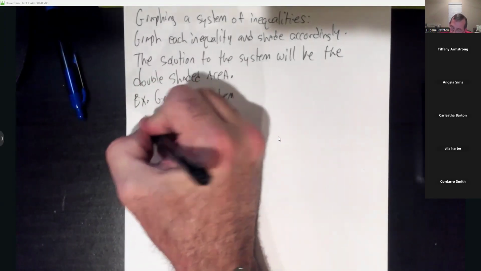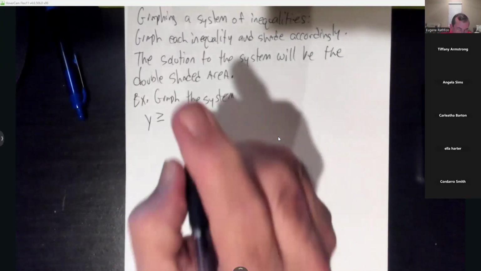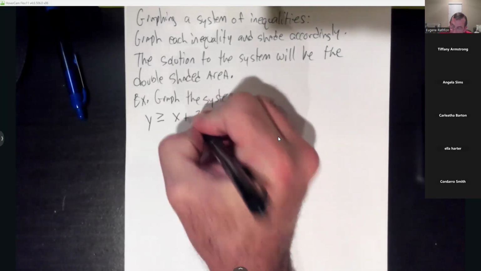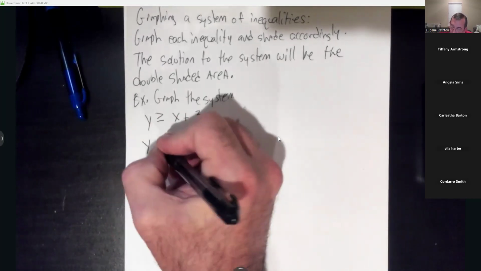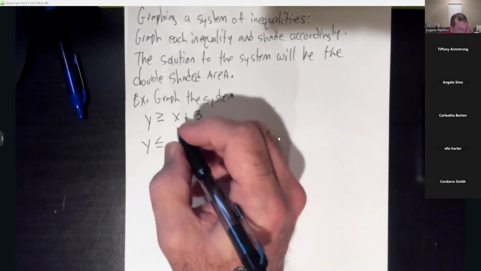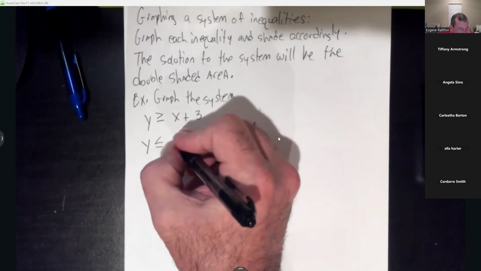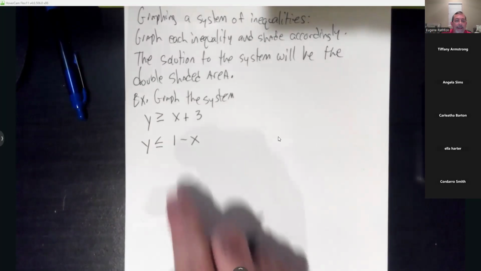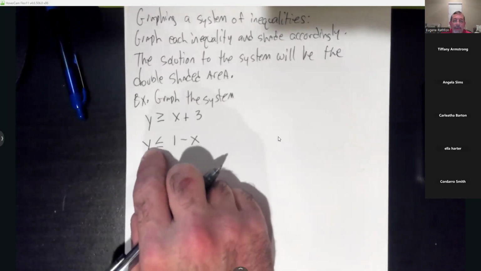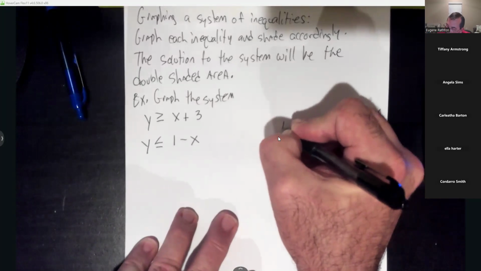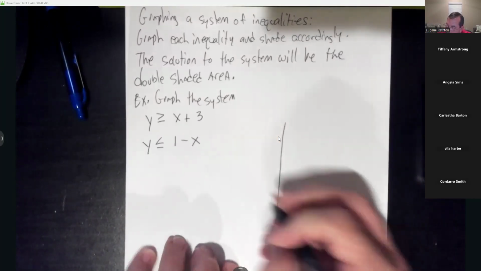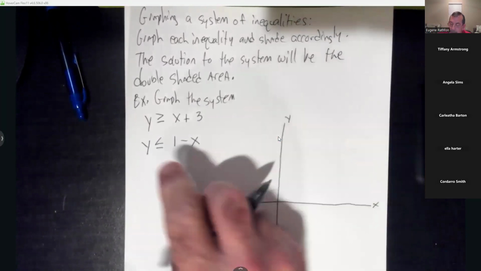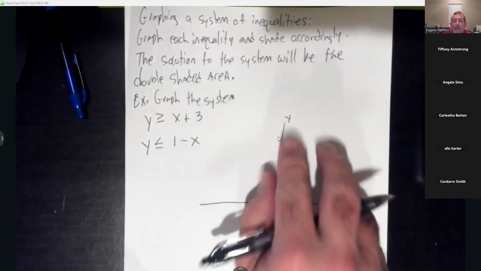All right, y'all, so I got y greater than or equal to x plus 3, y less than or equal to 1 minus x. I got two equations. So my solution, like I said, will be where these two shaded regions are overlapping.